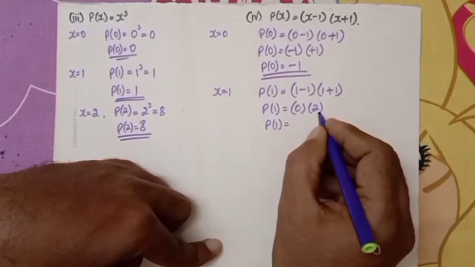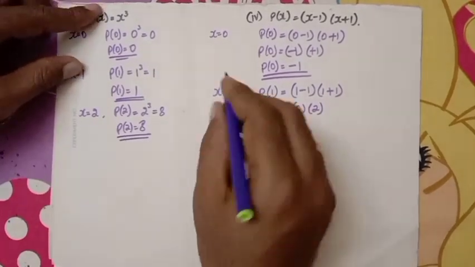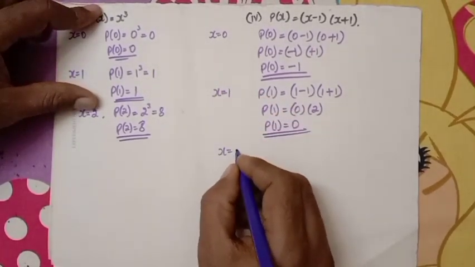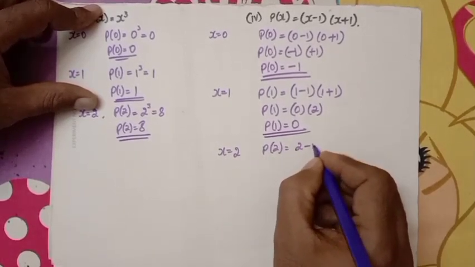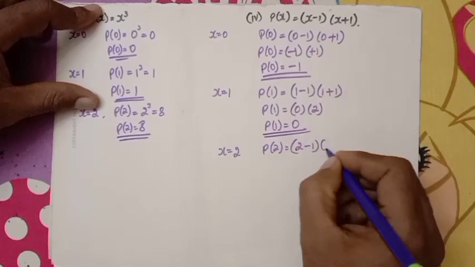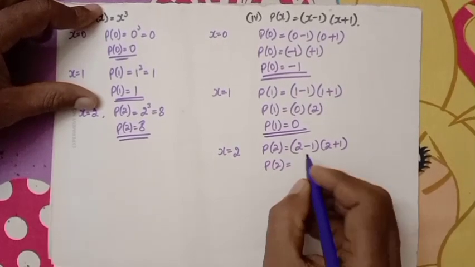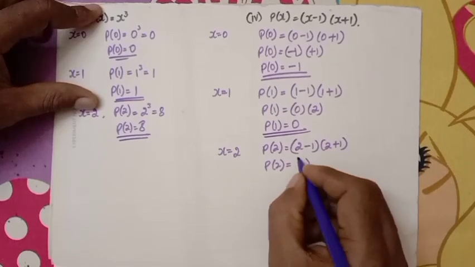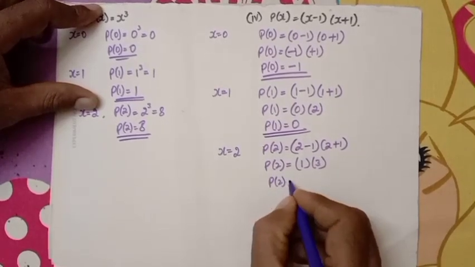So p of 1 is 0. And x is equal to 2. So p of 2 is equal to 2 minus 1 into 2 plus 1, which is 2 minus 1 is 1 into 2 plus 1 is 3. P of 2 is equal to 3.